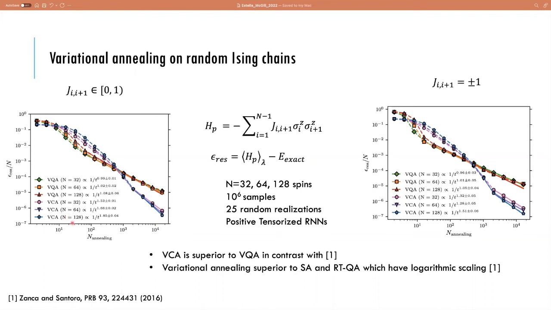All right. So what we observe here is that at some intermediate values of the number of annealing steps, quantum annealing is a little bit superior to variational classical annealing. But at long annealing times, classical annealing overcomes quantum annealing.